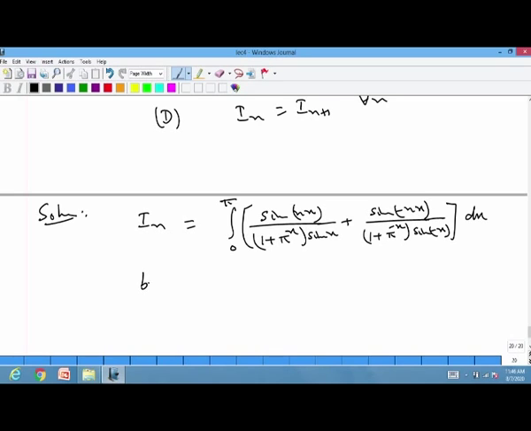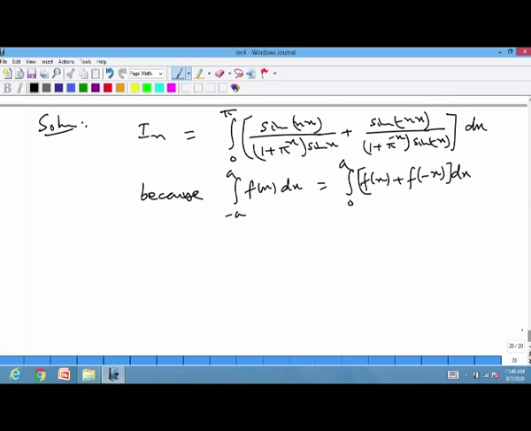This is because the integral from minus a to a of f(x) dx is nothing but the integral from 0 to a of f(x) plus f(minus x) dx. Now, if we add these two, you see that I n is nothing but the integral from 0 to pi of sin(nx) by sin x dx. The other thing adds to 1. So, we get this.